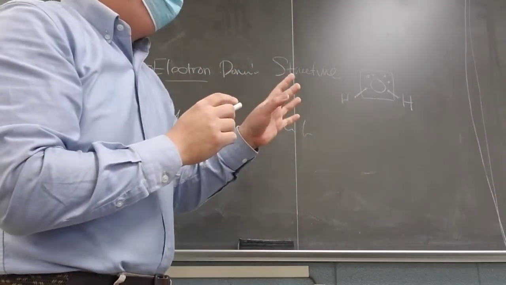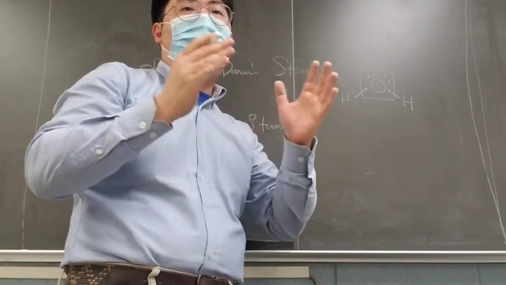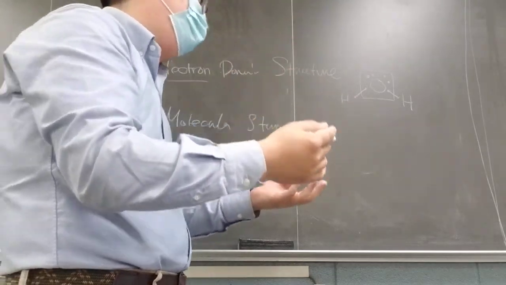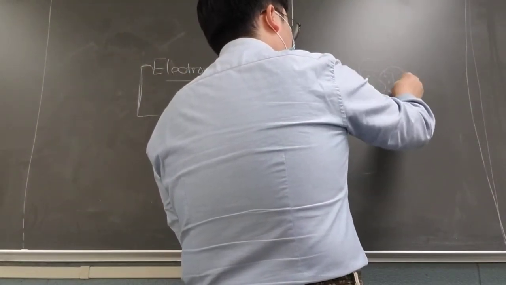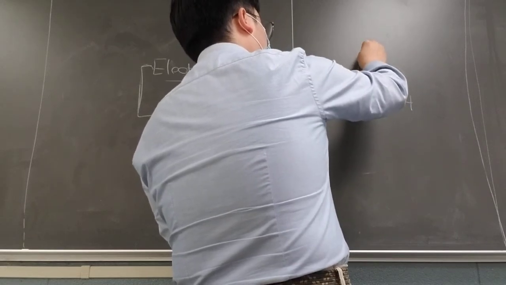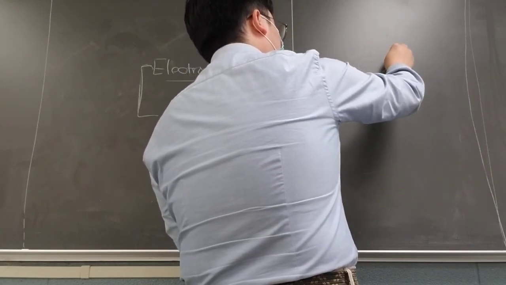And if you see a pair of electrons after bonding, because they still have remaining valence electrons, we call those, I don't know if you guys remember, a lone pair. Okay? Lone pair.